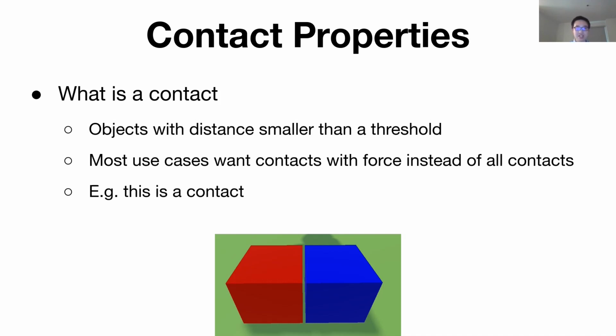But many people would like to only look at contacts where the objects are actually touching. In that case, it would be better to check the contact forces, because only touching contacts would have forces between the objects. So this image below shows a contact considered by the simulator, but the objects are not touching. And this is just something important to keep in mind.